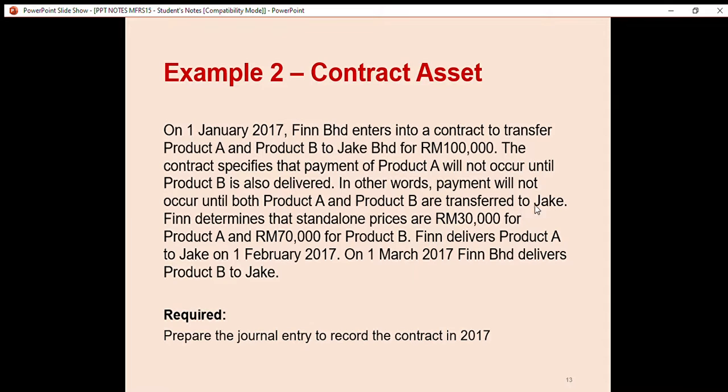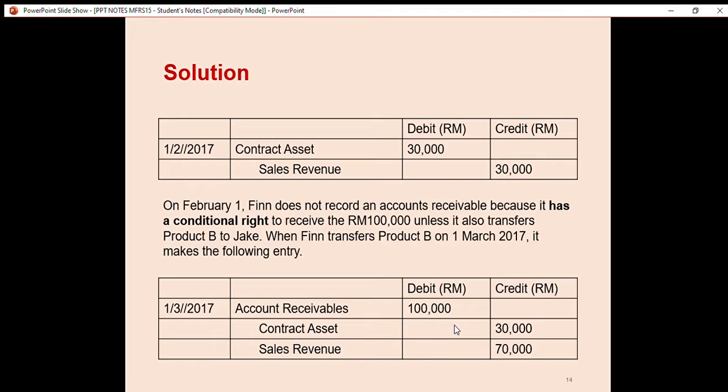Required: prepare the journal entry to record the contract in 2017. Let's have a look at the answer here.